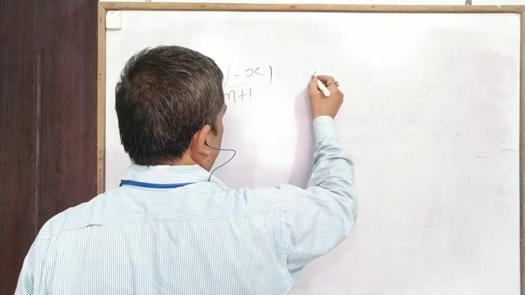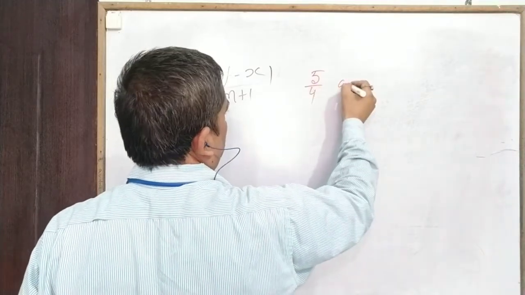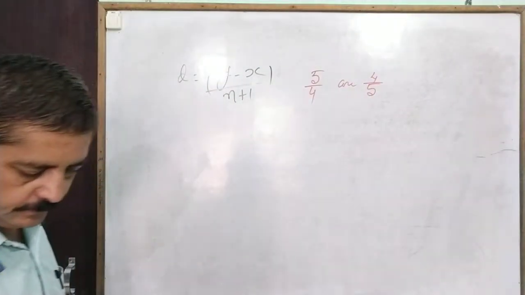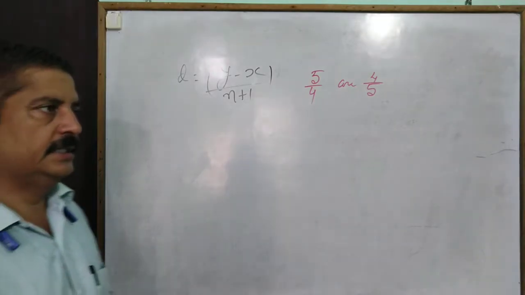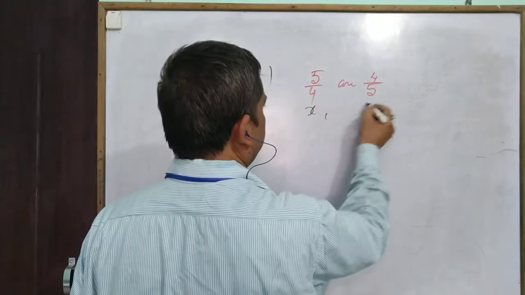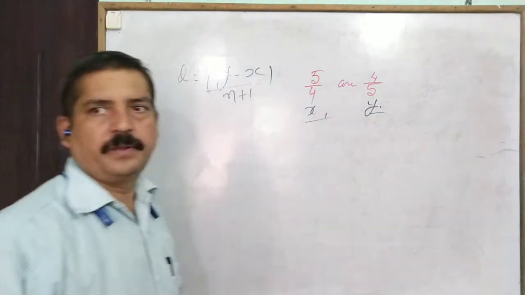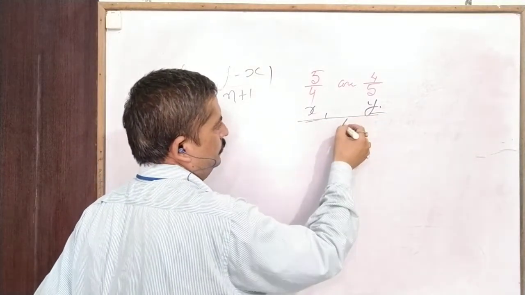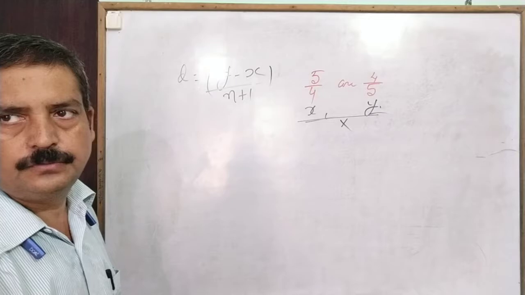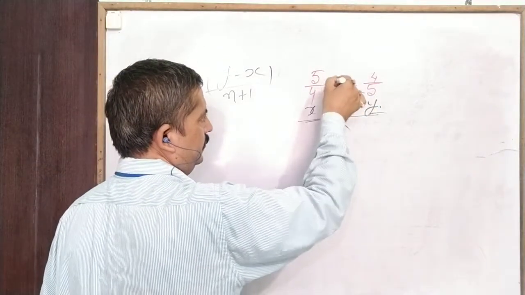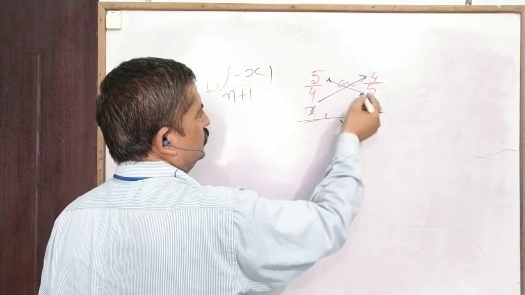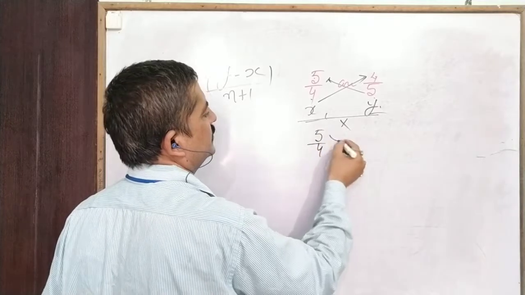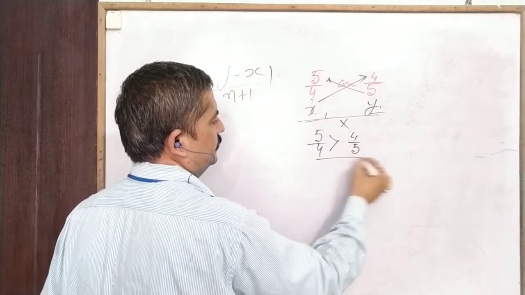Anyone give a question, sir, 5 by 4 and 4 by 5. In that case, if you assign x and y in the given order, in general we cannot compare them, so that is wrong. Why? Because we should first compare them. 5 into 5 is 25, 4 into 4 is 16, so 5 by 4 is greater than 4 by 5.